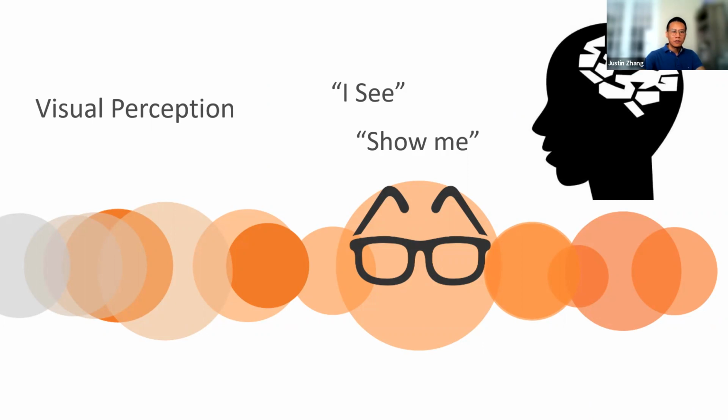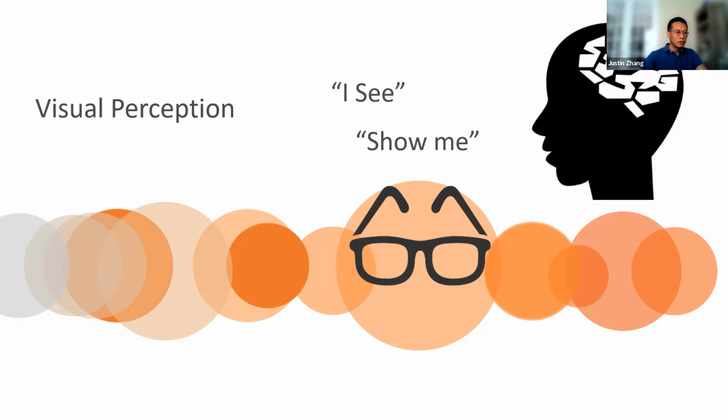Okay, so now let's take a look at the concept of visual perception. In this week's discussion, I asked you to find an optical illusion image, and then talk about how the color, size, or other elements are used in this optical illusion, and how this is related to data visualization.